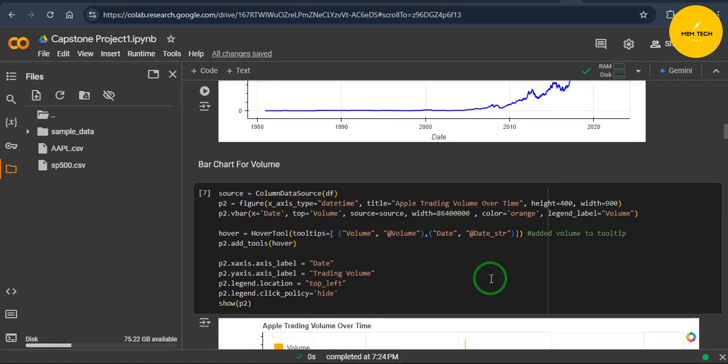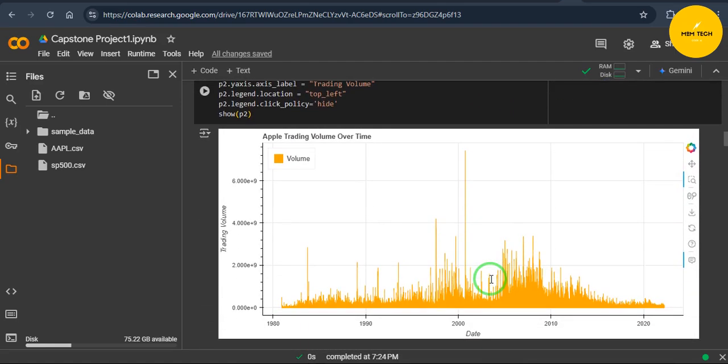And then this bar chart shows Apple's daily trading volume. High volume days often correlate with significant events such as product launches or earning reports. For instance, in January 2007, we see a spike in trading volume coinciding with the announcement of the first iPhone.